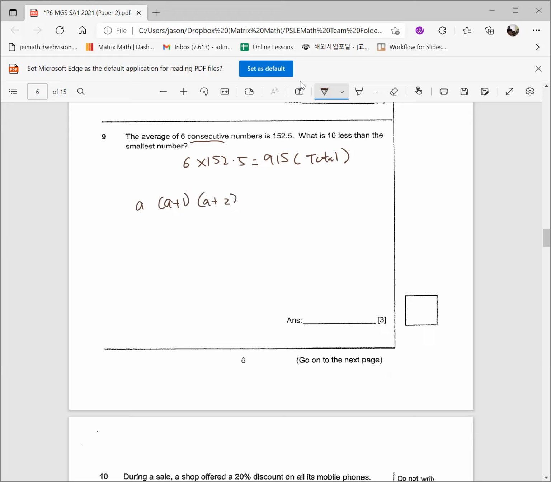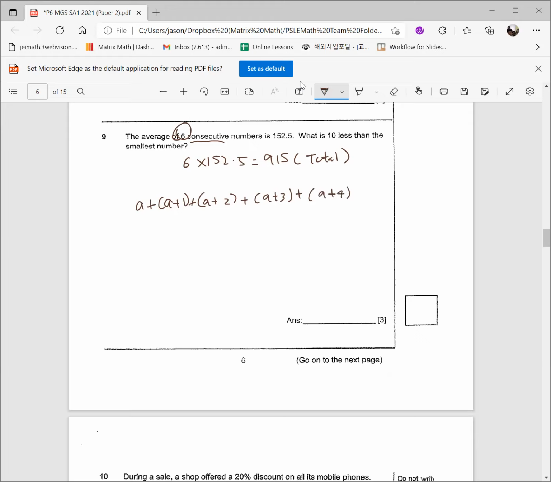The question says they want 10 less than the smallest number. We also know that the sum of these 6 consecutive numbers is 915. So if I add them up, first, second, third, then the fourth one will be A plus 3. The next one will be A plus 4.